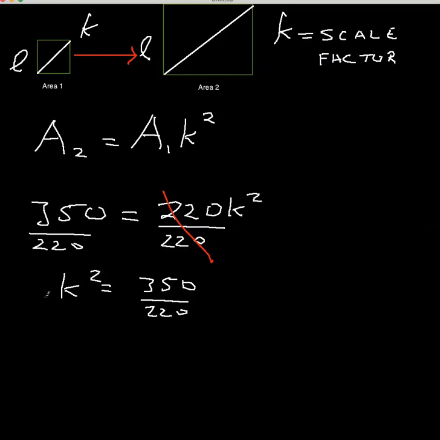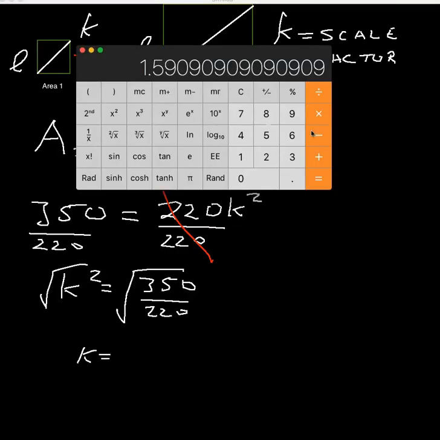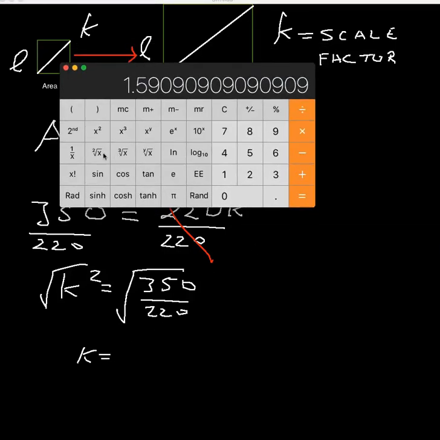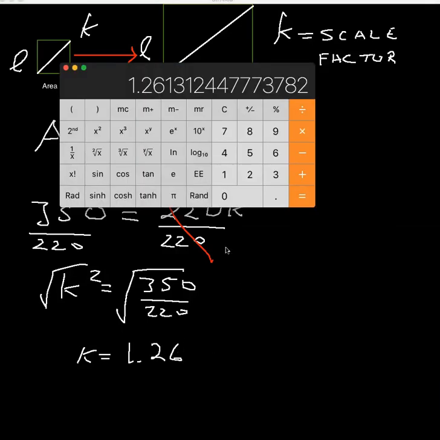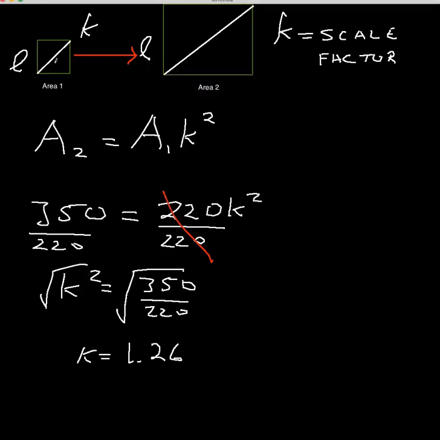And now, in order to find K, we have to square root both sides. So K is equal to, and I come back to my calculator, and if I square root this, I get 1.2613. So my scale factor is 1.26, to 3 significant figures. That means that to go from the smaller size to the bigger size, we have a scale factor of 1.26.